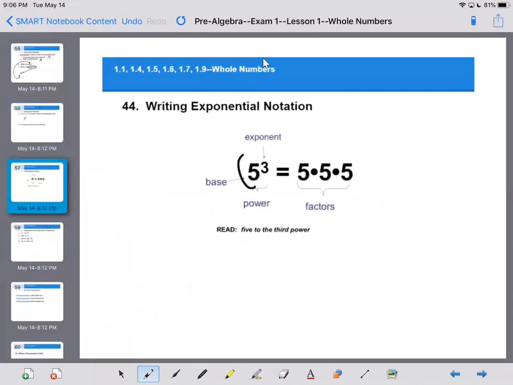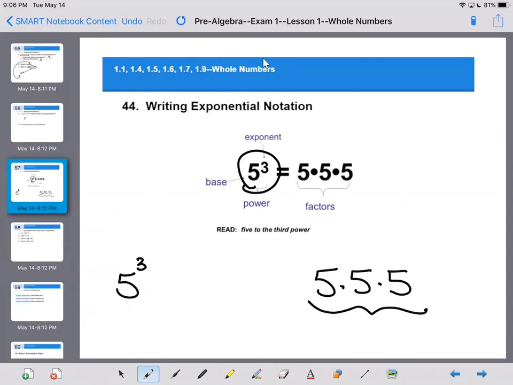Five to the third is written in an exponential form. 5 times 5 times 5 is written in your expanded form. Well, you're looking here is just see how many factors we have. Well, we got 3 factors of 5. So 5 is the base, 3 is the exponent.